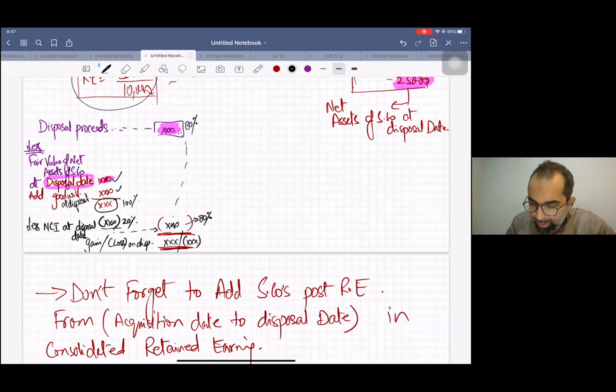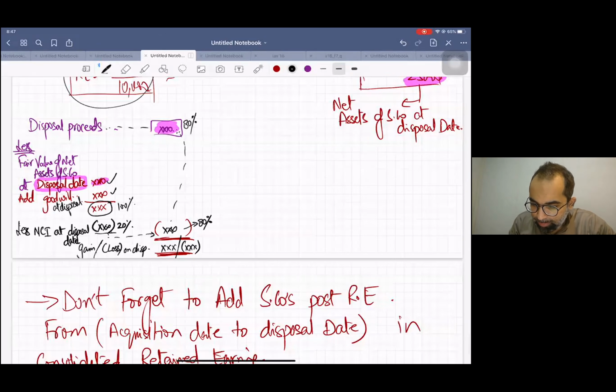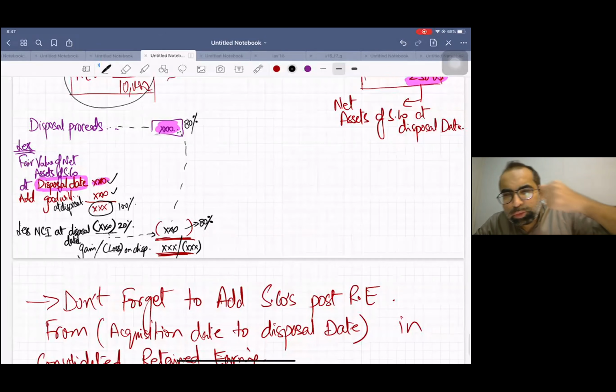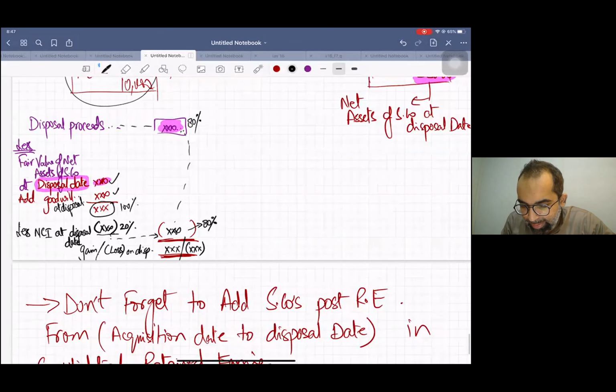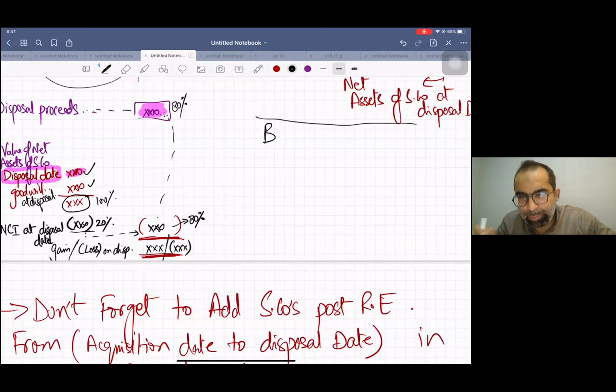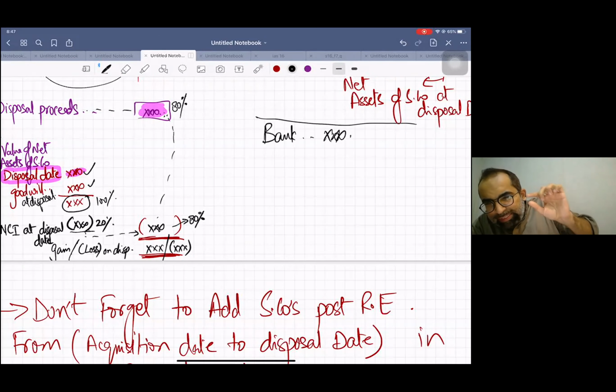How do we make it? See, this way. You sold the company, you got the cash, so debit bank, you got the proceeds. Now just think, 1 second before the disposal, this company was added with us, and now we sold it, so we said goodbye.